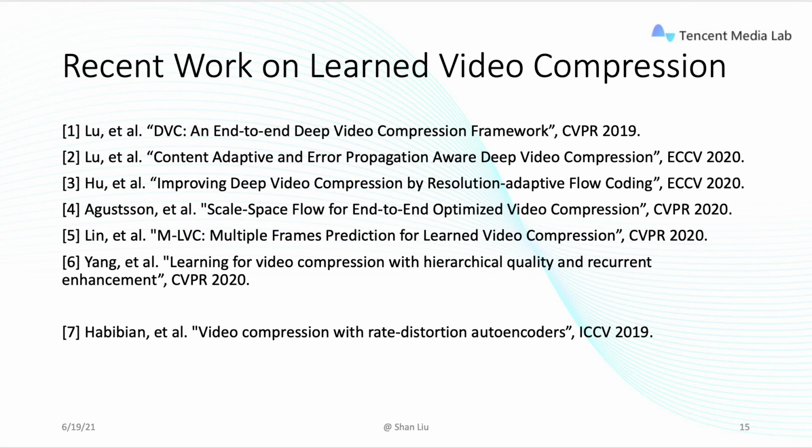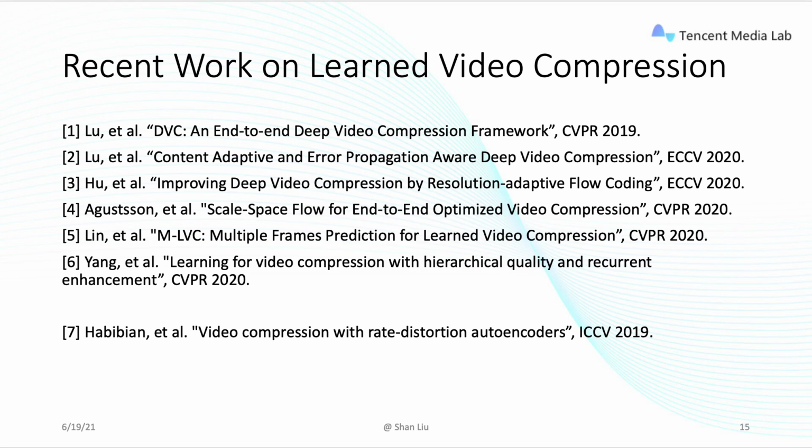And the focus for video compression, different to image compression, is how to estimate or learn, compress, and then use the motion information. Two popular networks for learning motion information are FlowNet and SpyNet, and an autoencoder is typically used to compress the motion information or the flow map.